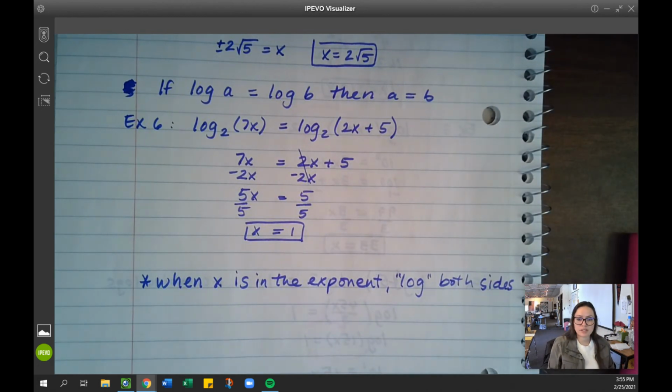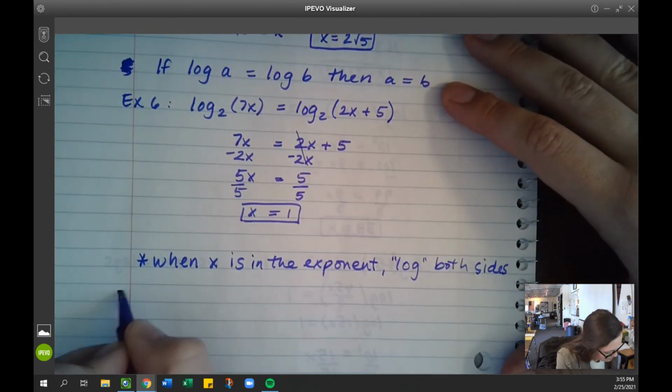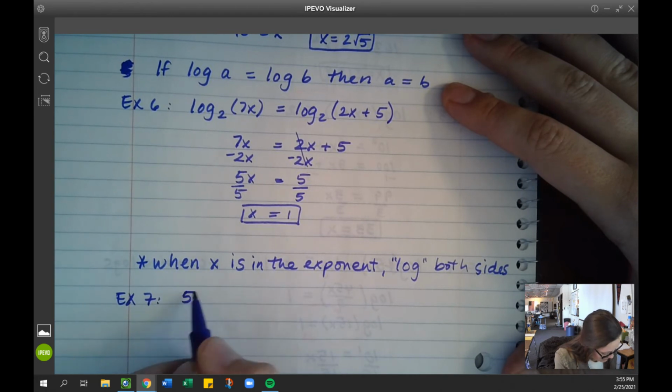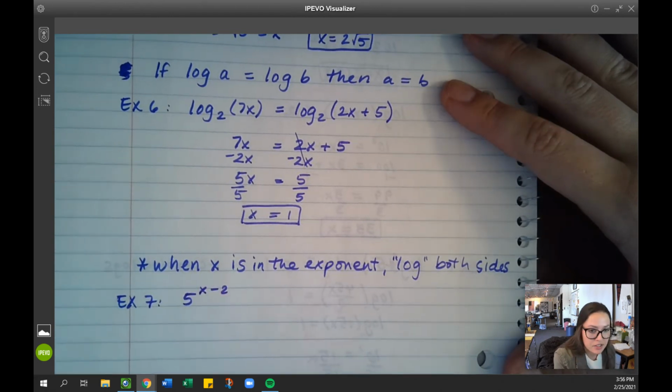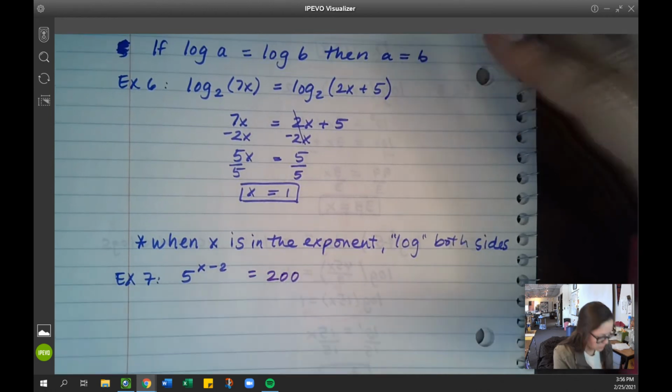So what do I mean by that? Let's say I have 5 to the x minus 2 equals 200.